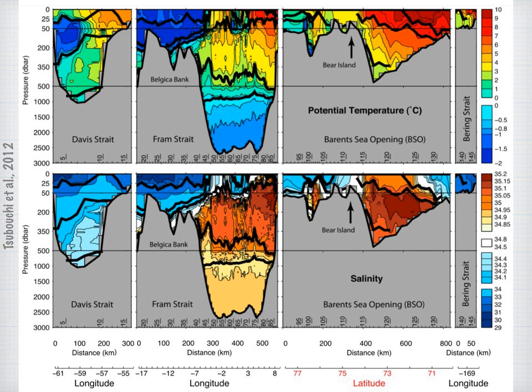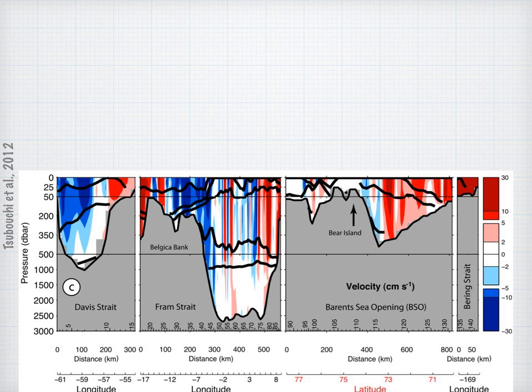And if you look at Takamasa's velocity section, so in this paper, he computed an absolute geostrophic velocity across these gateways using an inverse method, then you can see, as everybody knows, that the warm salty water is flowing into the Arctic and the cold fresh water is flowing out of the Arctic.